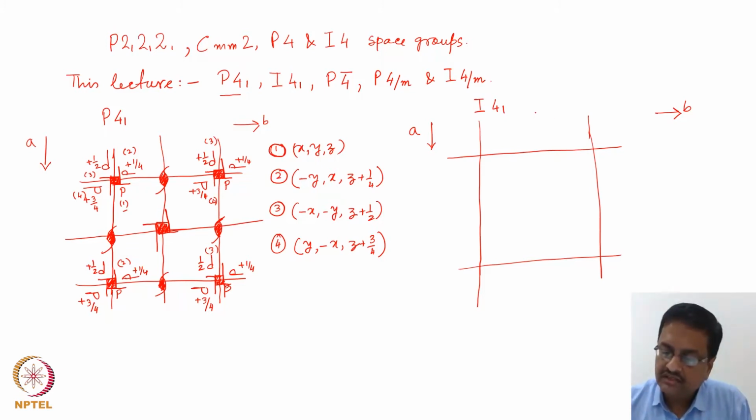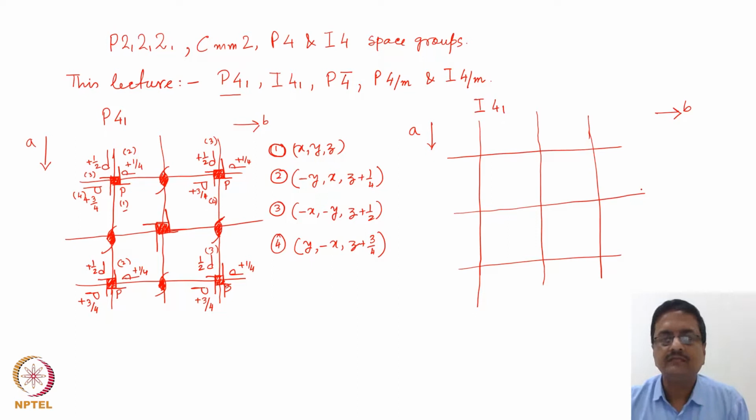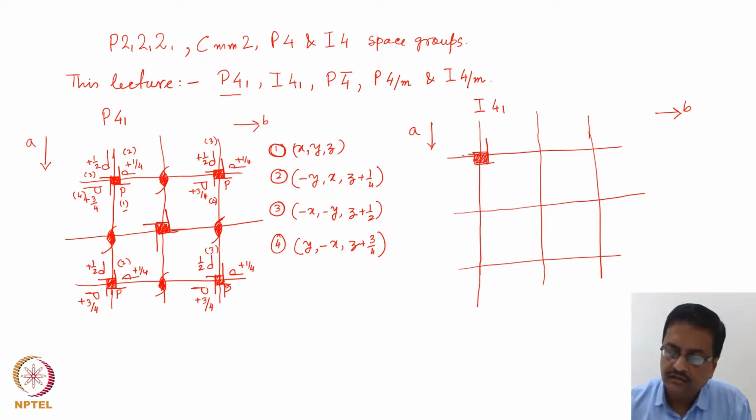For our easy understanding, we are going to divide this square again into 4 parts. And as you see, this is 4-1. Just like P41, we should also draw the 4-1 screw at the 4 corners.